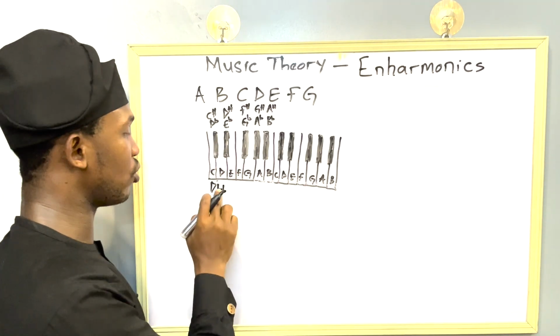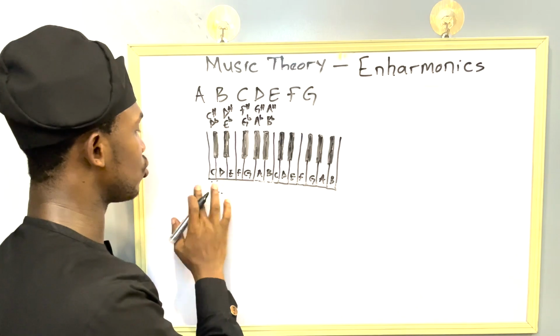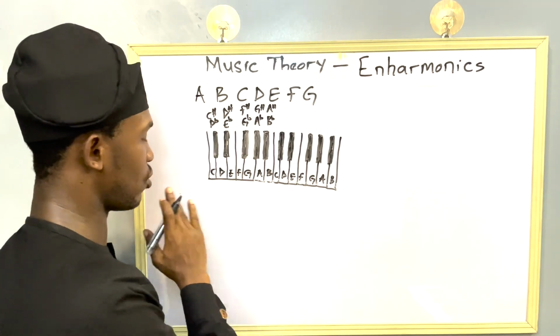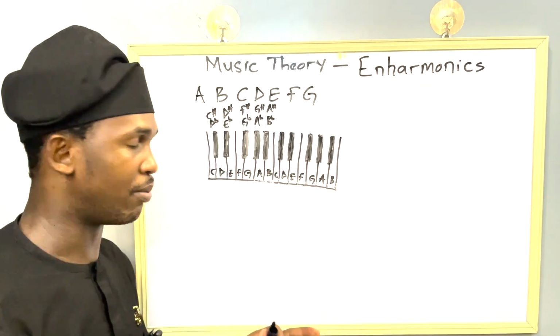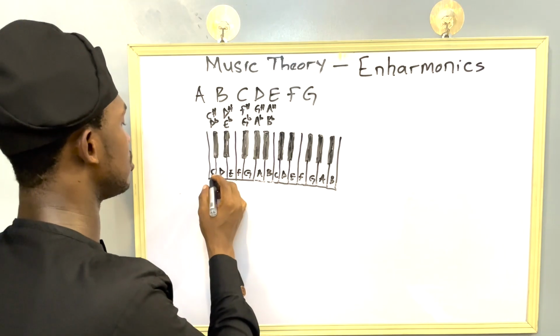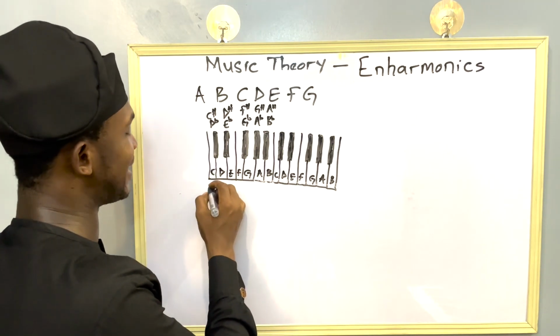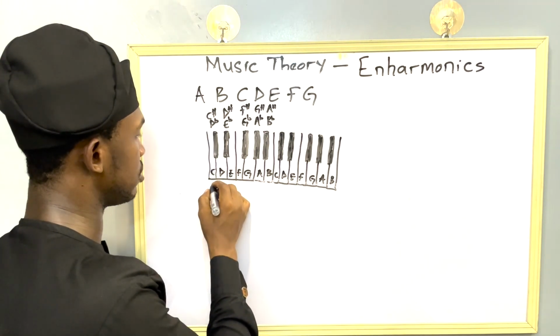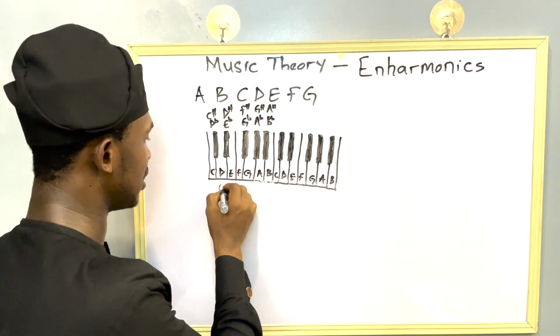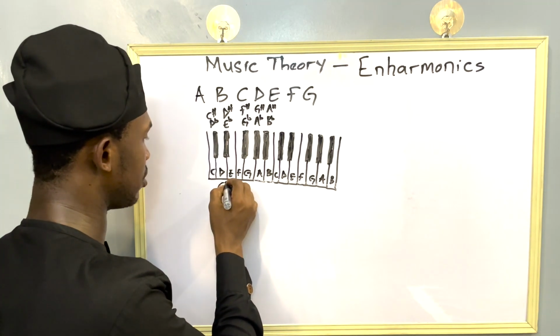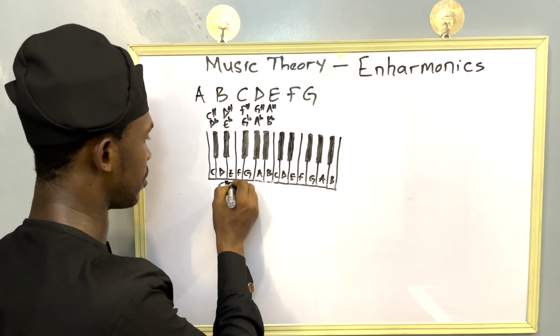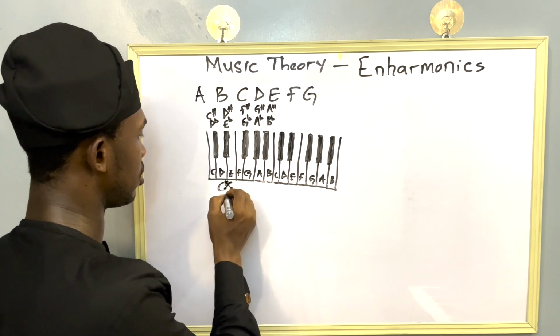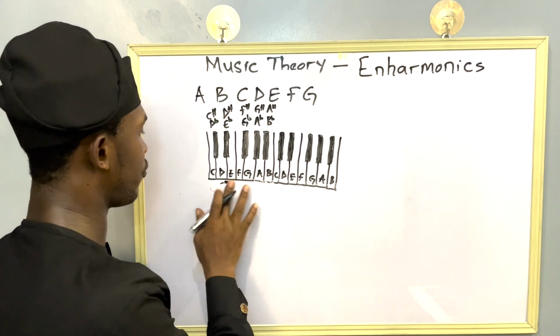So C can be called D double flat. Also, so don't confuse yourself, just do the math: D can be called C double sharp. Yeah, this is double sharp. And so on and so forth.